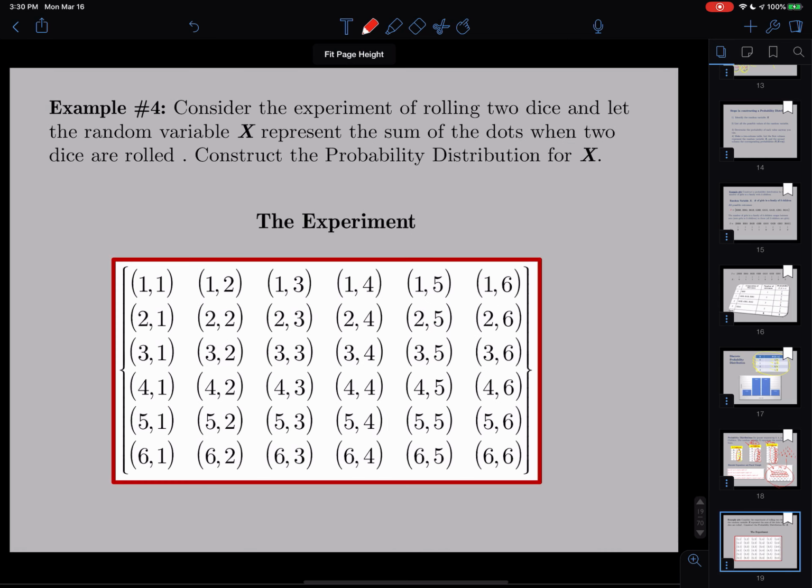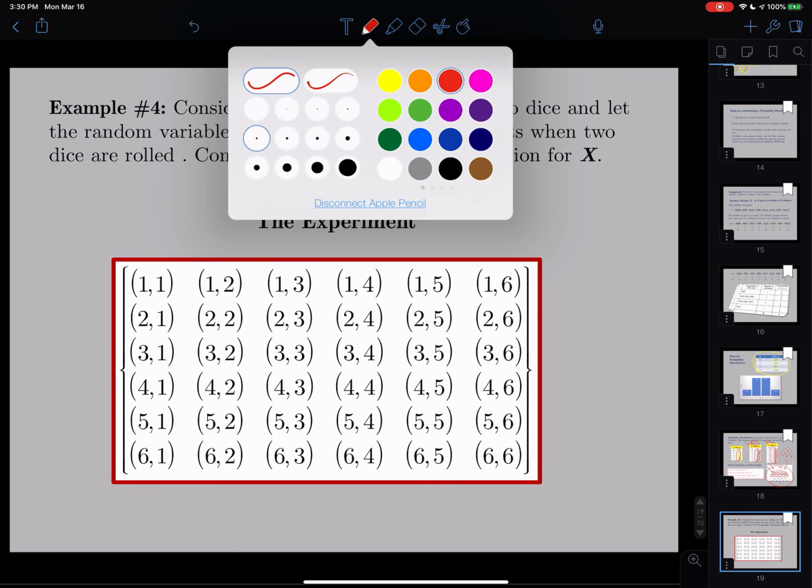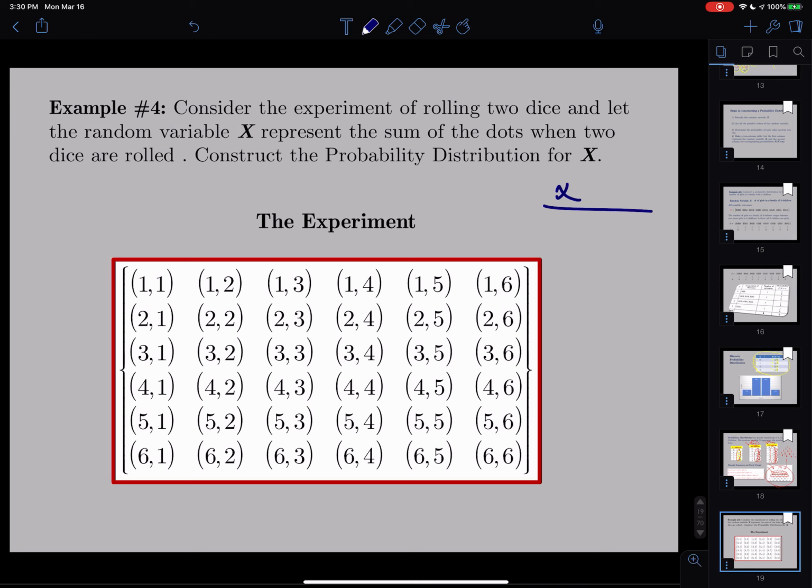And I'm just going to use the corner of it right here, and I'm going to use a blue color outlay here. Now you want to talk about the sum of the dots. And that's your random variable. So you basically at this point have to figure out how many different sums the dots produce in terms of every outcome of this experiment. Well, look at the first outcome. You have a 1 and a 1. So what do you think that produces? You have a dot and a dot.